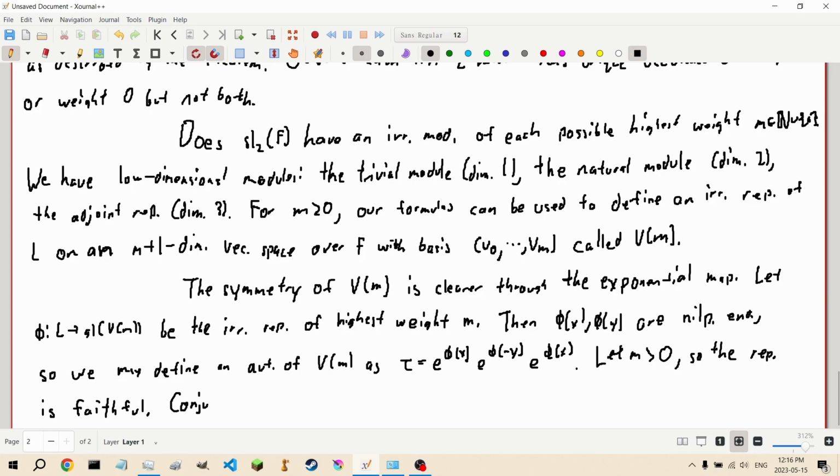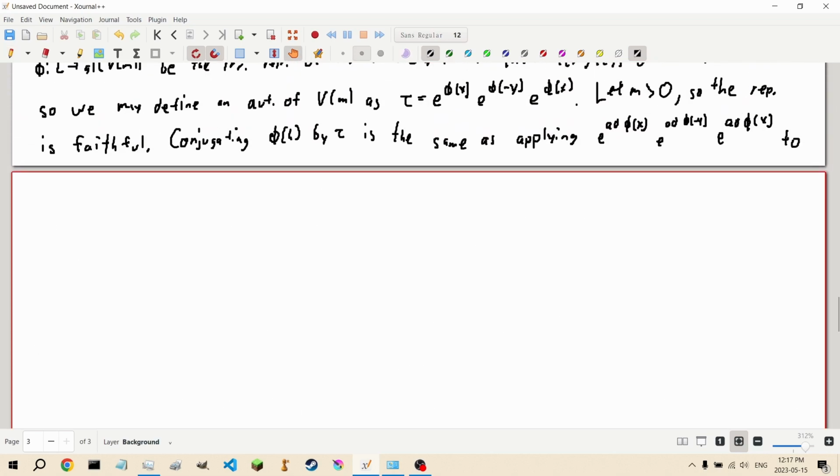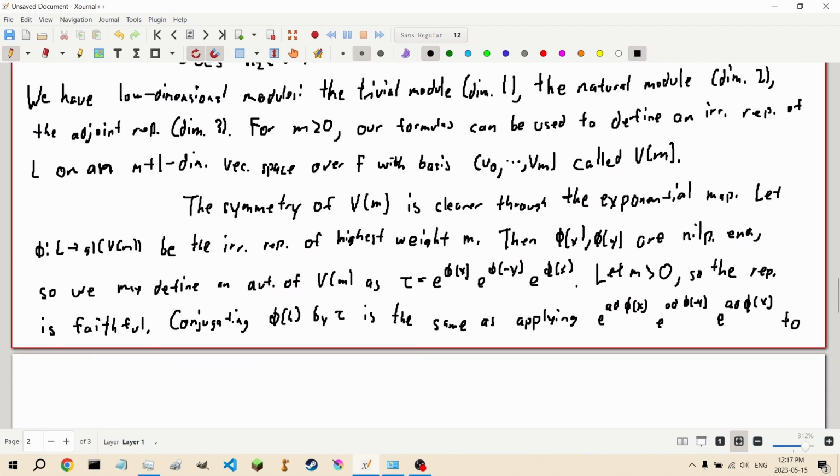You're seeing that conjugating phi of h by tau has the same effect as applying e to the adjoint of phi of x, e to the adjoint of phi of negative y, e to the adjoint of phi of x to our phi of h.